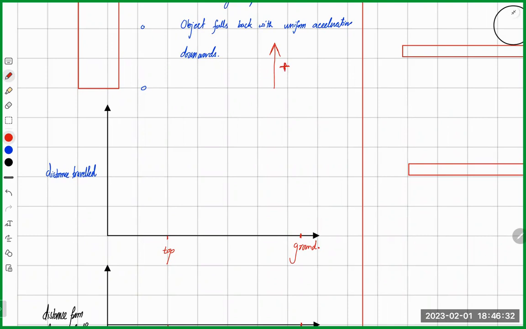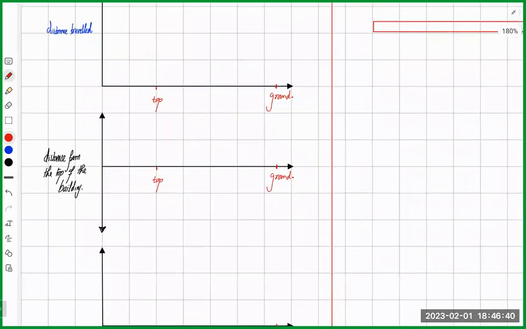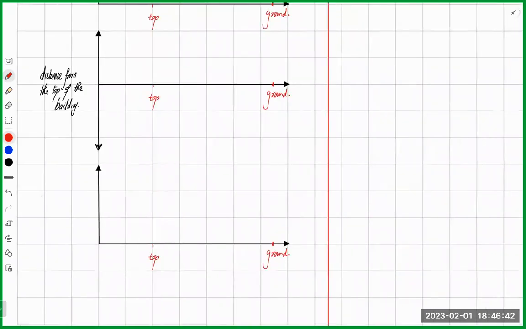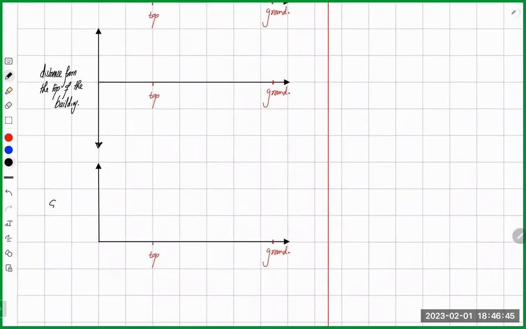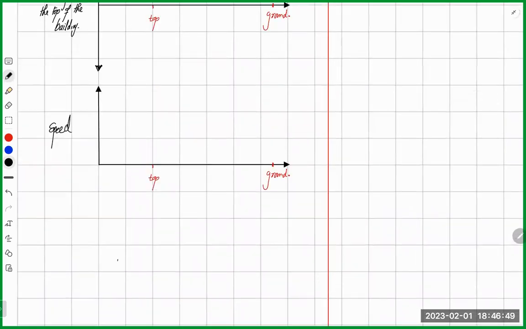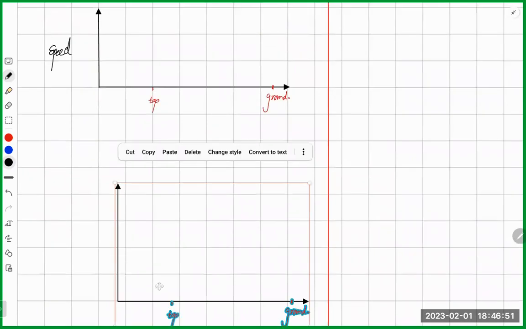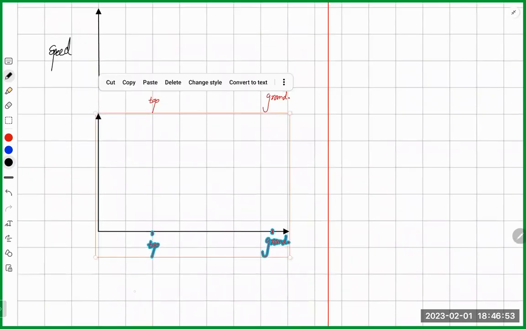So upward is positive. Anything that is downward will be negative. So then draw the displacement time graph. Then we are drawing the speed and time graph. Then we'll be making the velocity and time graph.